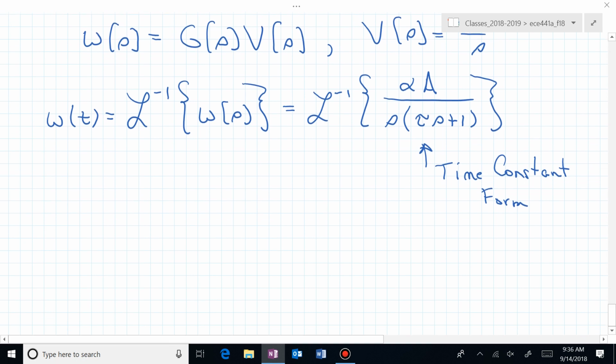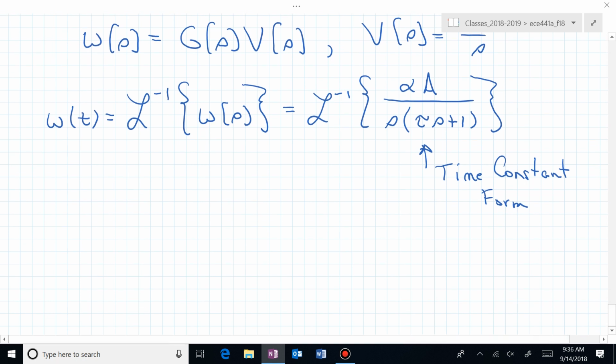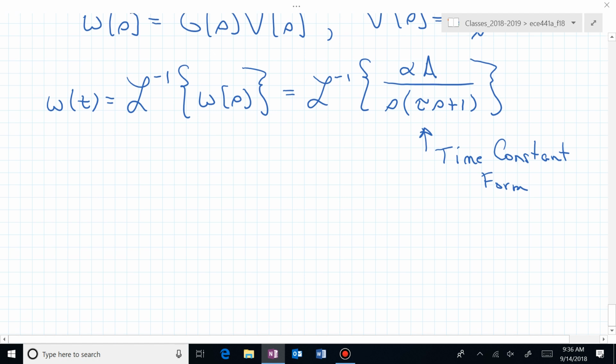But if you've now been doing inverse Laplace transforming by partial fraction expansion, you probably didn't do it in a time constant form. You probably had it in pole zero form, so that you could then put everything over these denominator polynomials that were representative of the poles of your system.